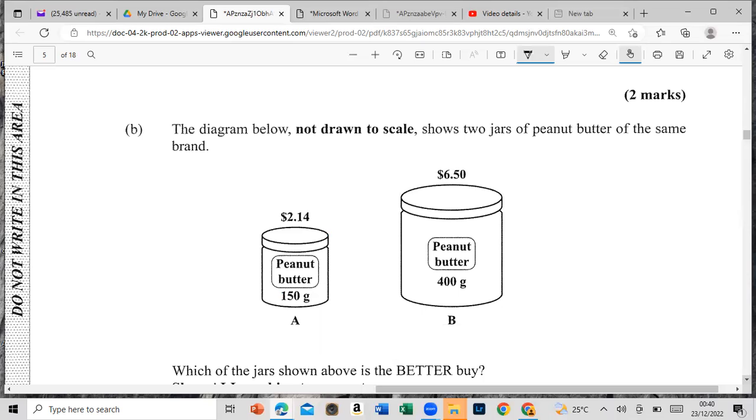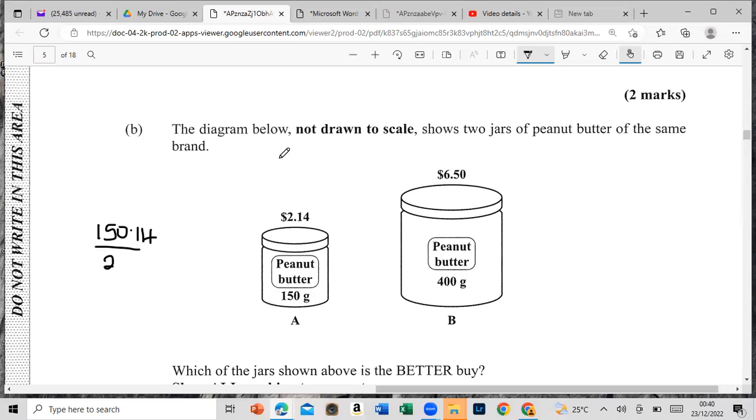That's always the better buy for a customer. So this holds 150 grams. I'm going to divide by this money and see how many grams $1 gets. And that will give us an idea of what we need to know.